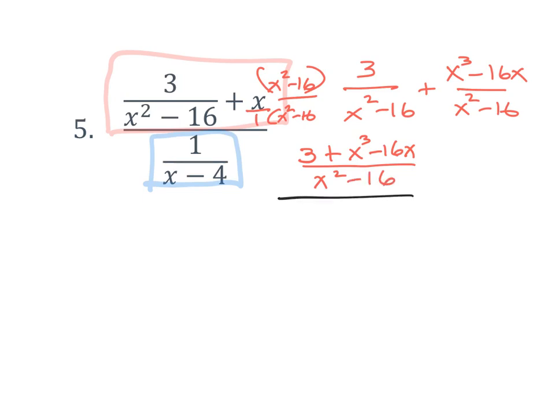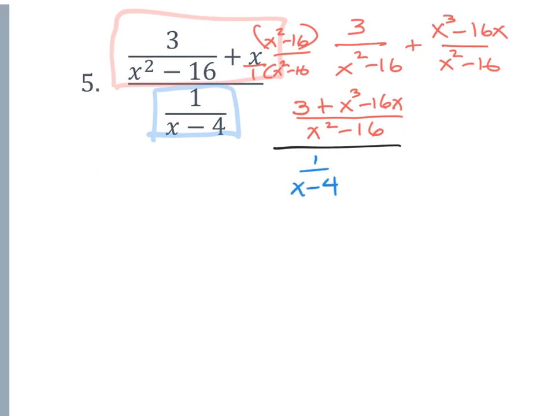Now I still have my denominator here. So now I need to divide. So now my problem becomes, here's the red. I'm dividing it by the blue, so I'm going to flip it to the reciprocal.